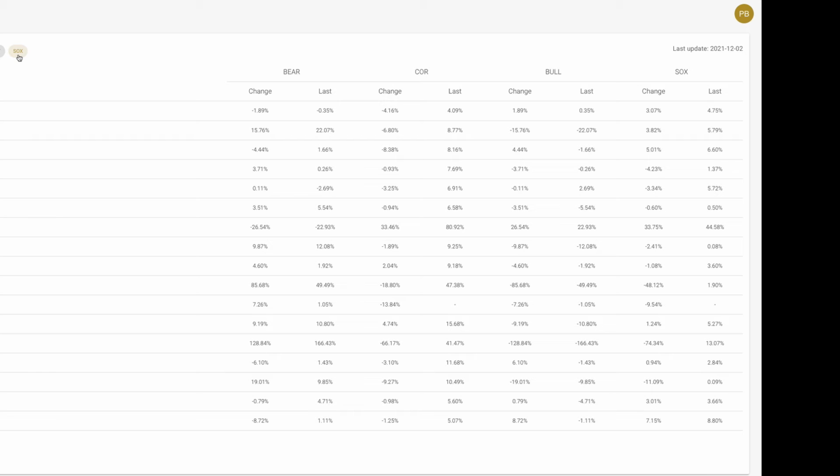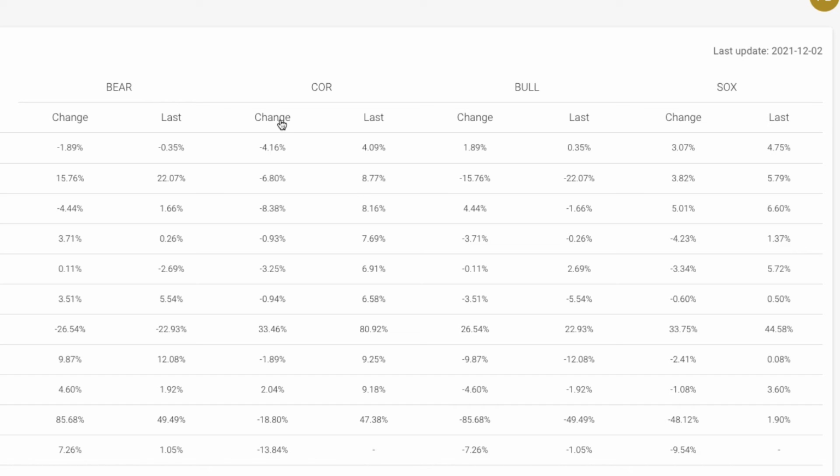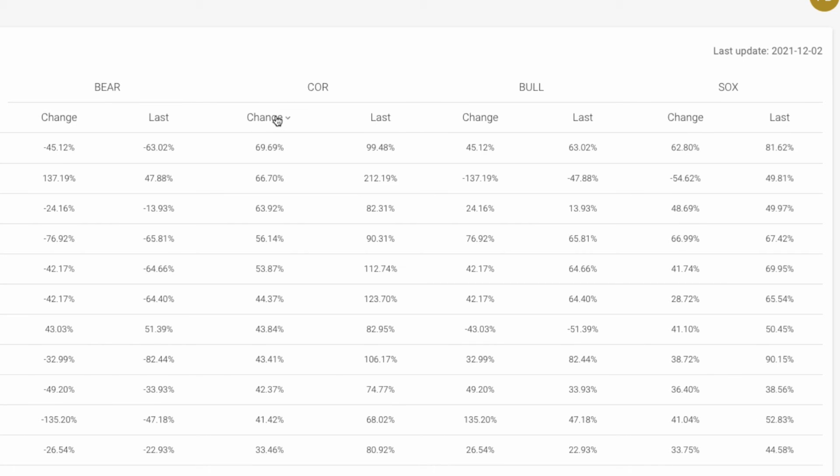So I'm going to sort by the change value, and the change is the change from the last close, the previous close, to the most recent close, and that's what that value represents. So in core, I'm going to sort by that. And immediately I come up with something kind of interesting. Anytime you see a big percentage in something like call option rate or call option yield, that is a good thing, because call option rates and yields, if they're going up, obviously indicate something good.